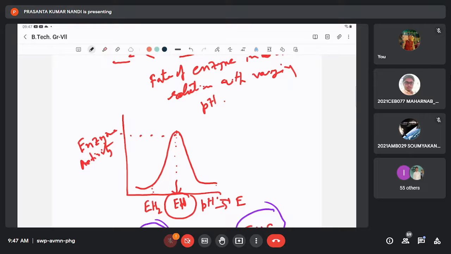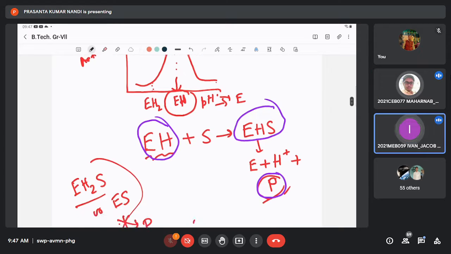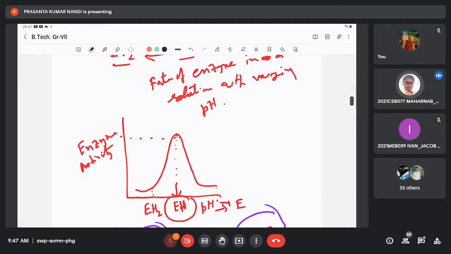Enzyme activity means you can guess from which quantity you should plot: k2, the turnover number. Suppose you plot it versus pH of the medium.